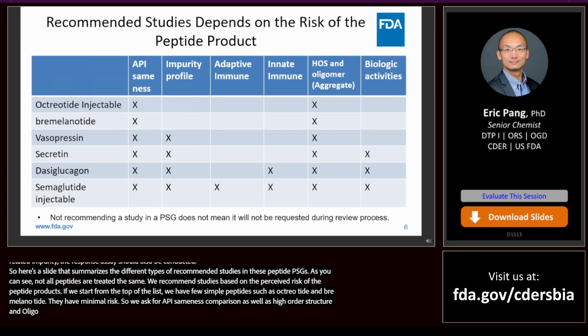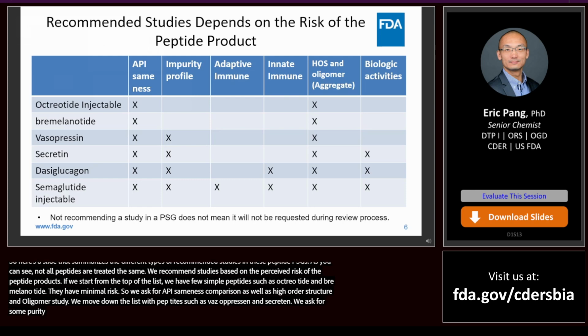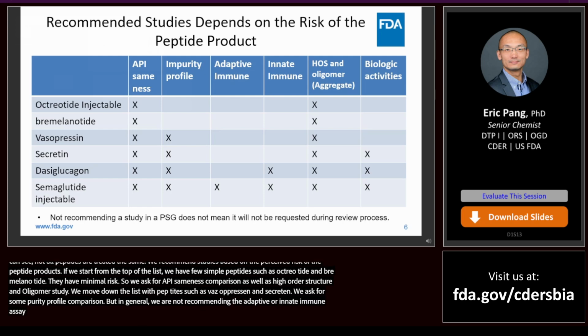Then we move down the list with peptides such as vasopressin and secretin that have elevated risk. They are slightly higher, so we ask for some impurity profile comparison, but in general, we are not recommending the adaptive or innate immune response assay here yet. Of course, you could also have biological activity assays recommended for a PSG such as secretin.